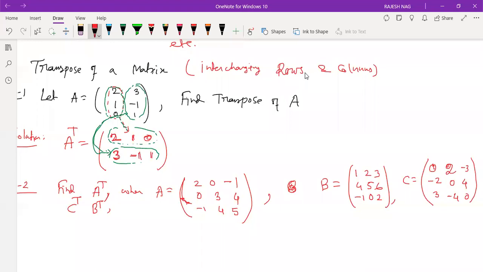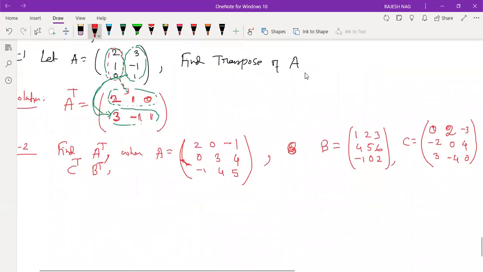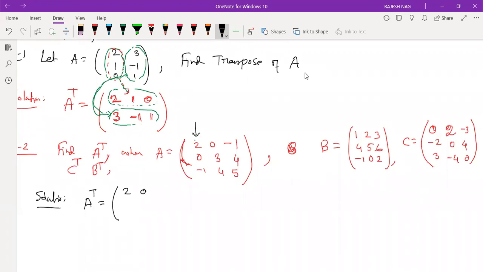So at the beginning we try to find AT. Solution: row column interchange. So for the case of AT we write 2, 0, minus 1, this is the column, so it is replaced as a row. 2 0 minus 1.